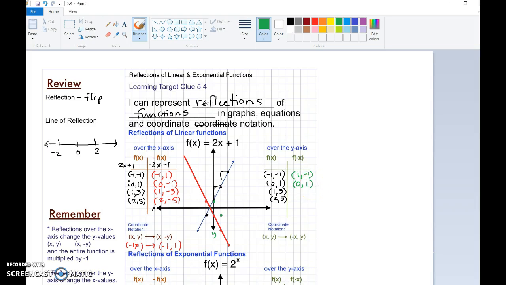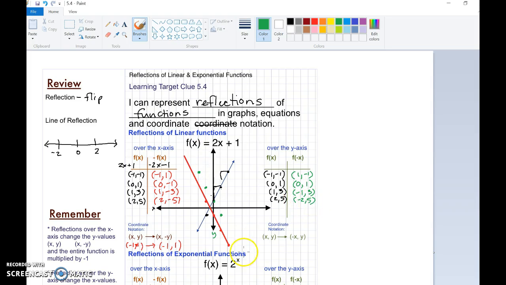Okay? And then this one up here, if we were going to flip it, it would go over to this side. And so it becomes negative 1, 3. And this one comes over here, and it becomes negative 2, 5.